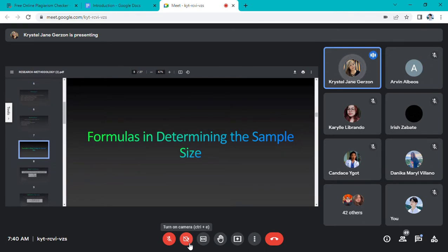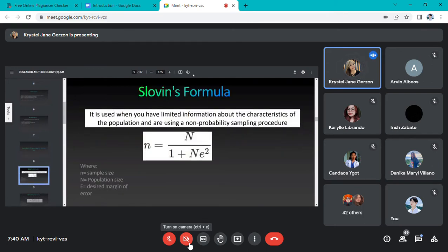So there are actually formulas that you guys can use so that you can determine the required number of respondents.